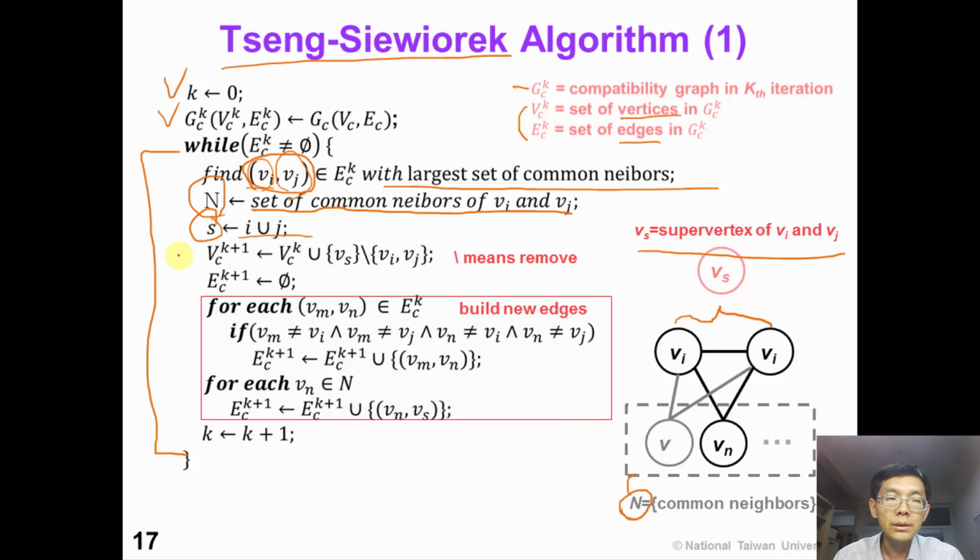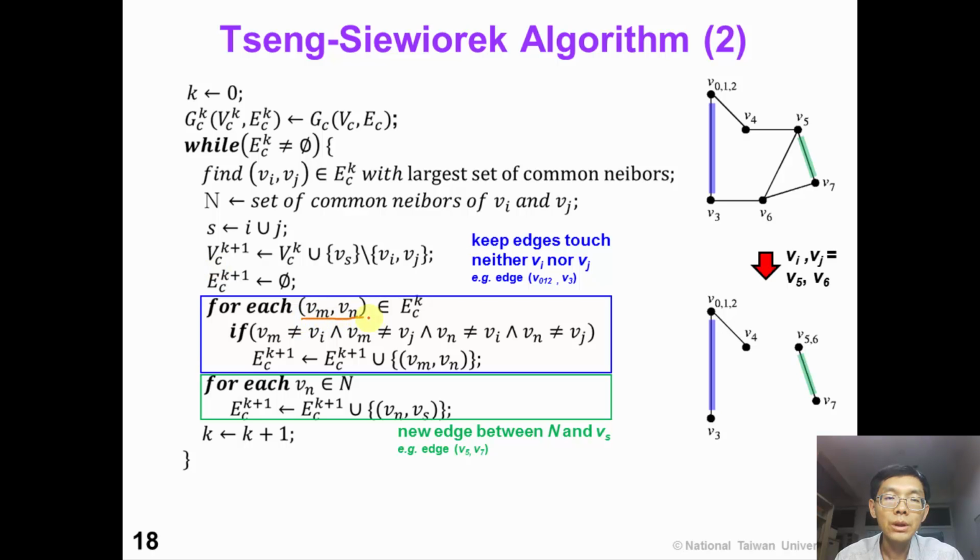In the next iteration, we remove vertex Vi, we remove vertex Vj, and we add a new super vertex Vs into the vertex set. And in the next iteration, we are going to build a new edge set based on the pseudocode in the red rectangle, which will be explained in our next slide.